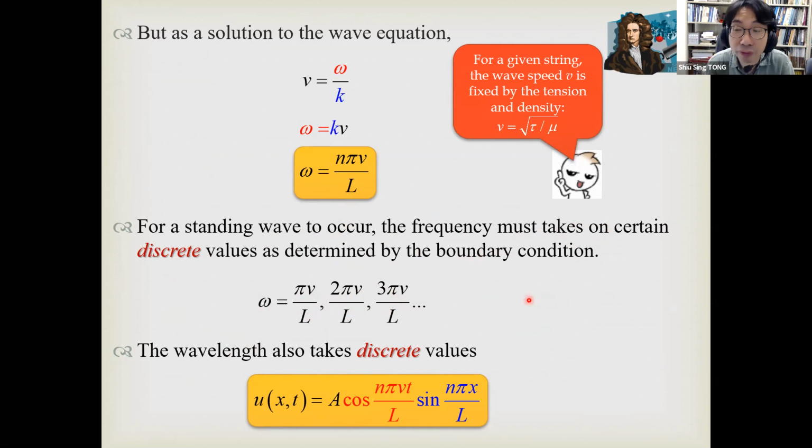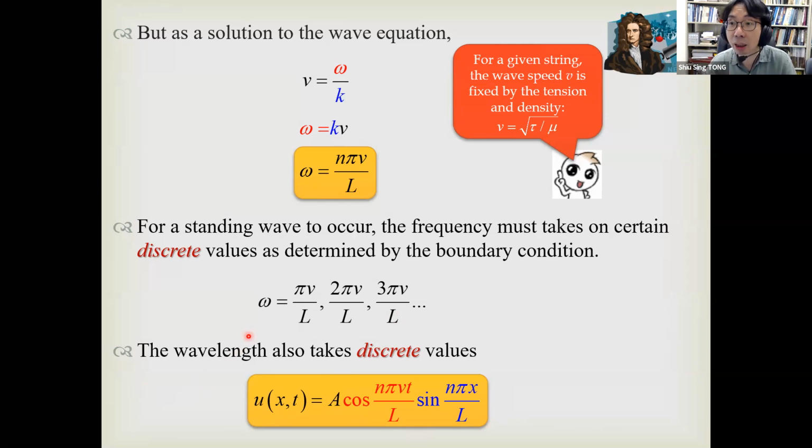So at these frequencies I can have a standing wave form on the string, but not at other frequencies. In order for a standing wave to form, you have to excite the string at these particular frequencies. Other frequencies will not work.